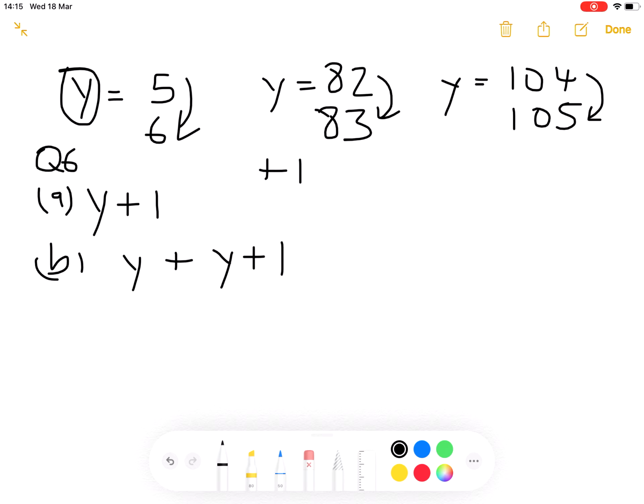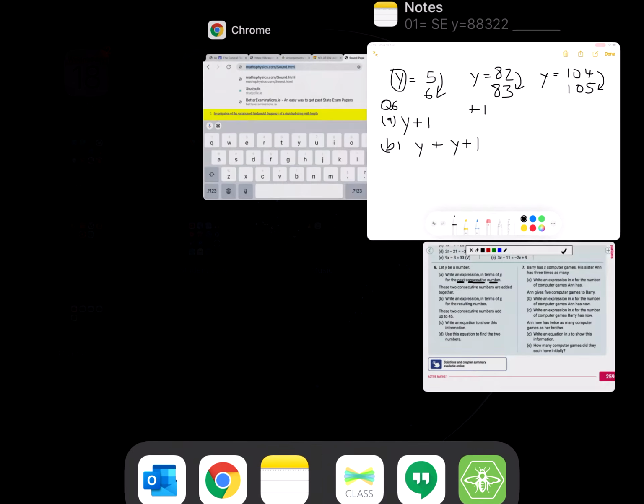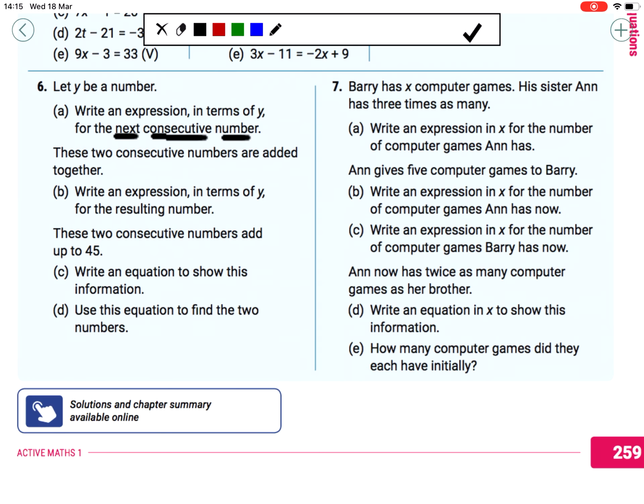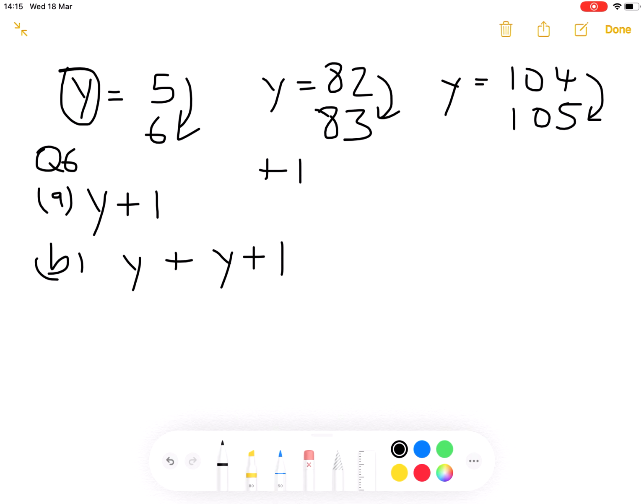Because y was the start and y plus 1 was the next one. It says write an expression in terms of y for the resulting number. So I've got y plus y plus 1, and that would become 2y plus 1, because y and y is me 2y. Very simple. Okay?